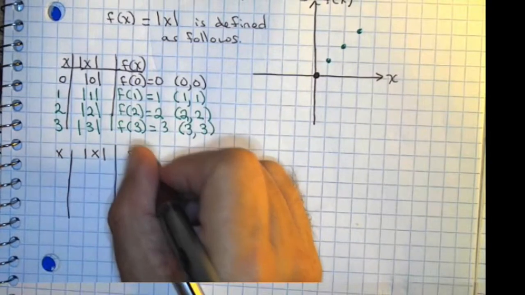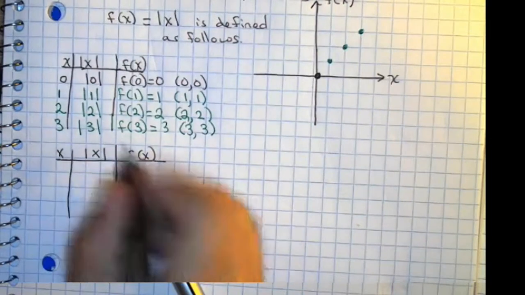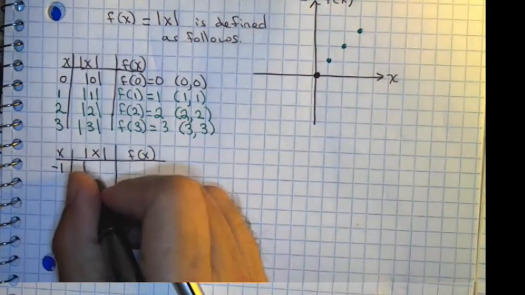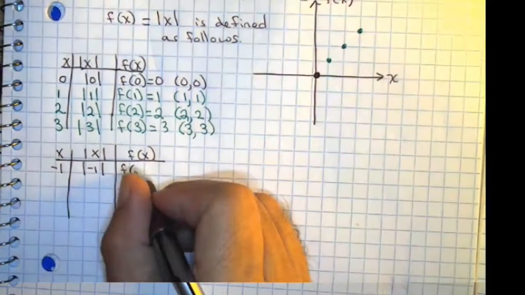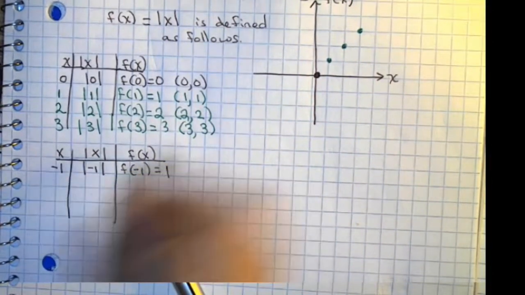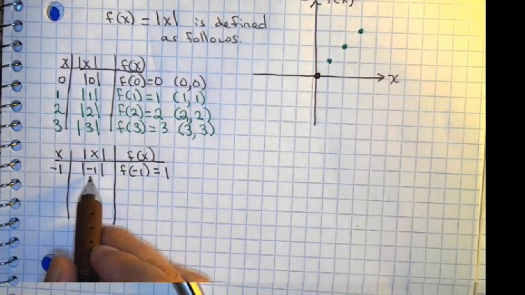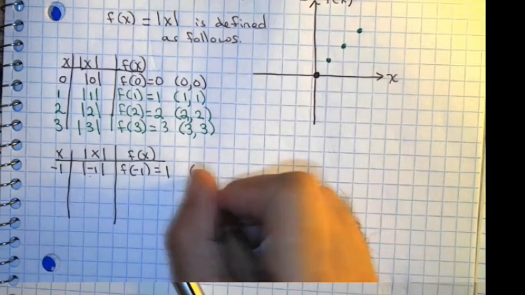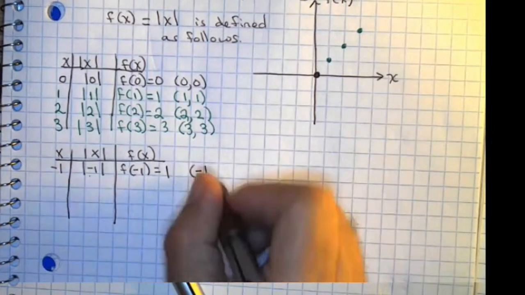The f of x, when x is negative 1, the absolute value of negative 1 is positive 1. So f of negative 1 is equal to positive 1. So I have the point (-1, 1).